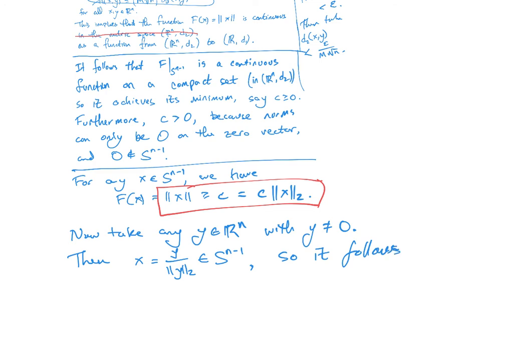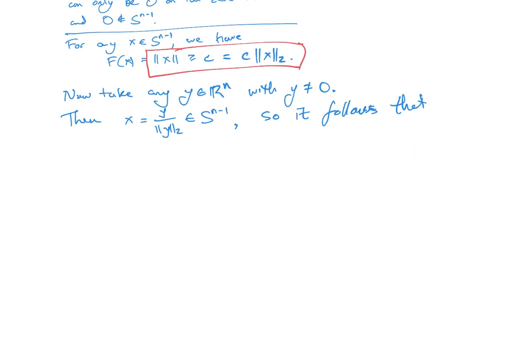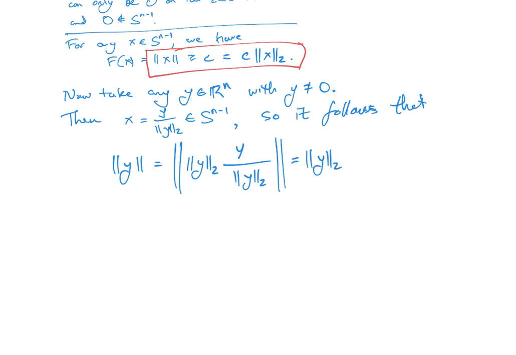And now we're just going to use some properties of norms. The mystery norm of y is, I'm going to multiply and divide by the 2 norm of y inside there. So it looks really awful. There you go. Scalars can come out, so we might as well bring that 2 norm of y out.